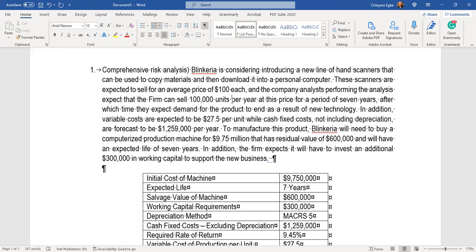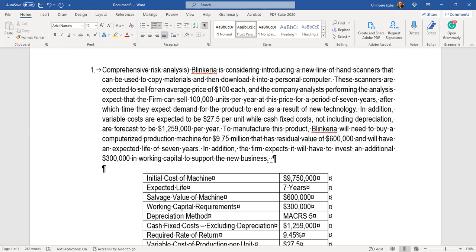Now, the difference between scenario analysis and sensitivity analysis is that in sensitivity analysis, you change one variable at a time and see how that particular change is going to affect the entire operation. Now, in scenario analysis, you change several variables at a time, okay?